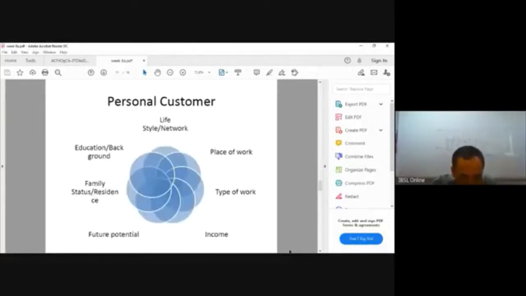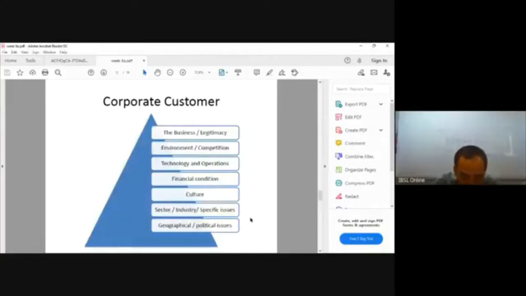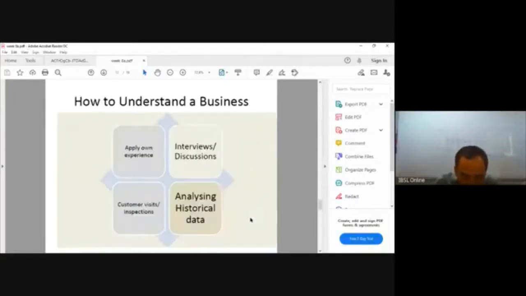And we looked at, while you are doing a proposal, what things you will look at from a personal customer, what things from a corporate customer, how you understand the customer, and what areas you will be looking at.